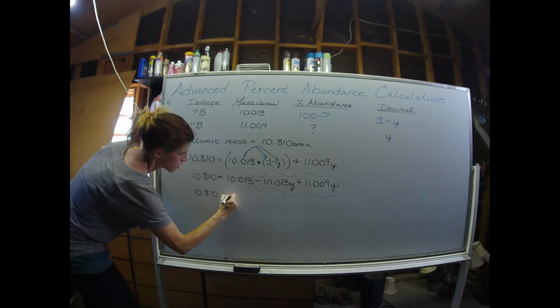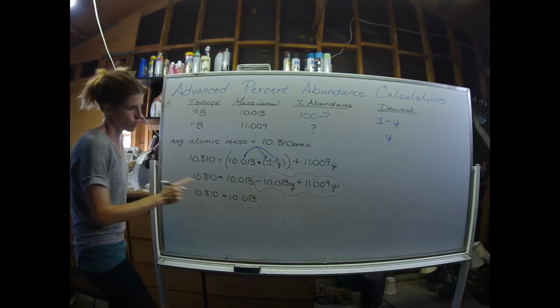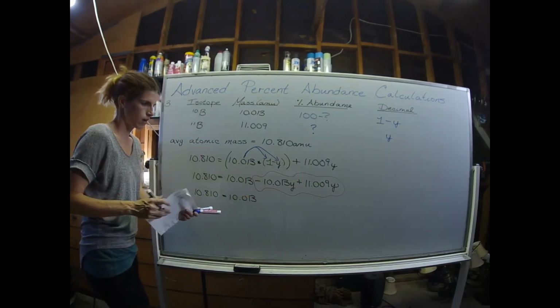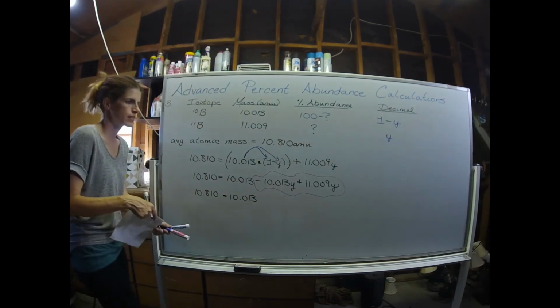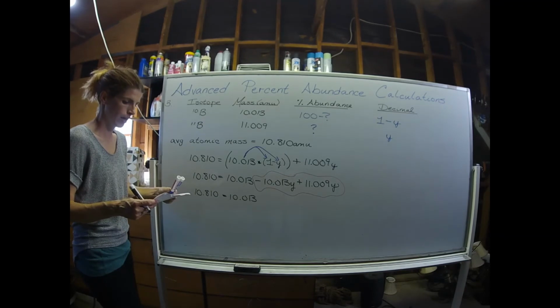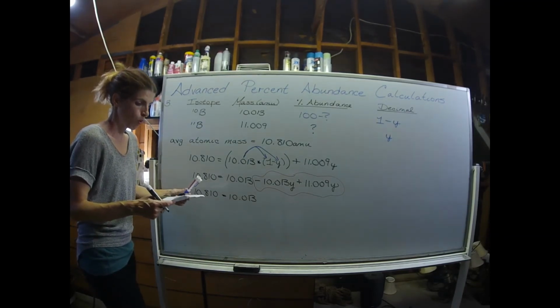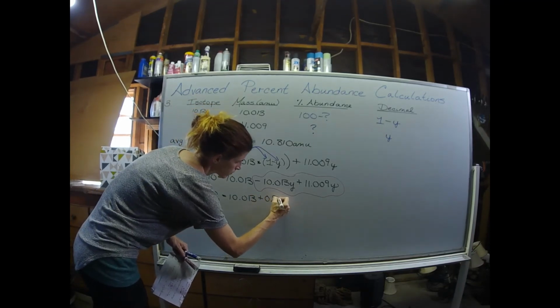10.810, and then we have the 10.013. There's a negative sign here, so that needs to go into my calculator. So I'm going to do negative 10.013 plus 11.009. That left me with 0.996y.